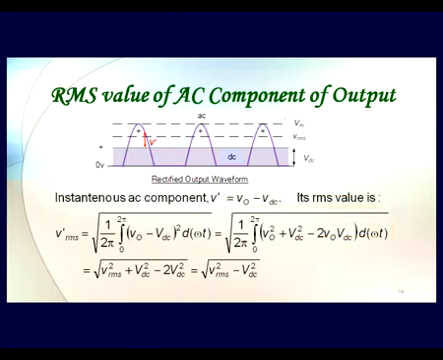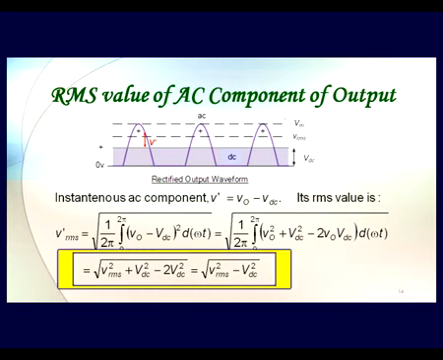Then we know that 1 upon 2 pi integral of VO square from 0 to 2 pi represents our RMS voltage square, whereas this component, integral of VO from 0 to 2 pi d omega t, represents the DC or VDC. So if I substitute VDC in place of VO and VRMS in place of this VO square integral, then we get V prime RMS equal to the square root of VRMS square minus VDC square.